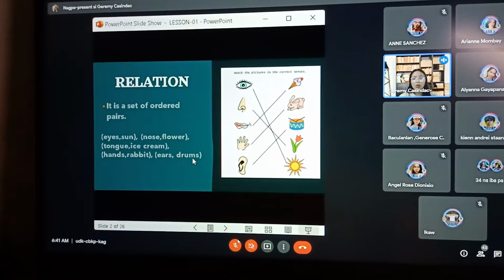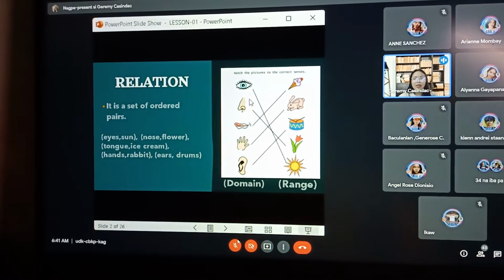They are paired with one another. Next, for the first column, our 5 senses, that is what you call the domain. And for the second column, the objects, that is what you call the range.